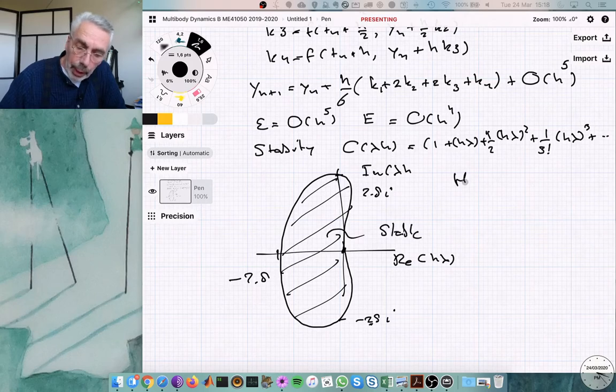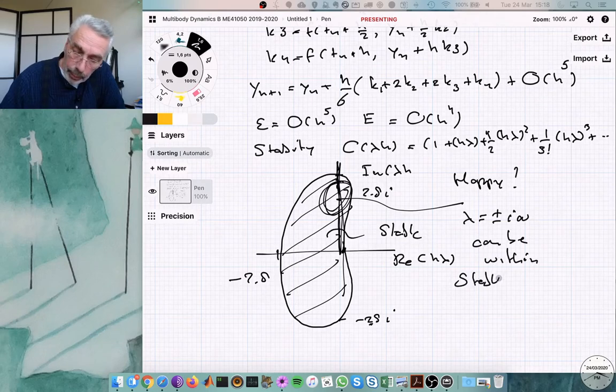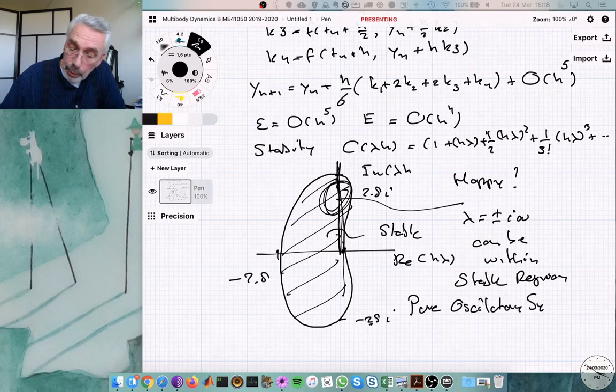Now I'm really happy. And why am I happy? Because suddenly I have this axis within the boundary. So lambda is plus or minus i omega can be within the stable region, meaning that pure oscillatory systems can be integrated in a stable manner.